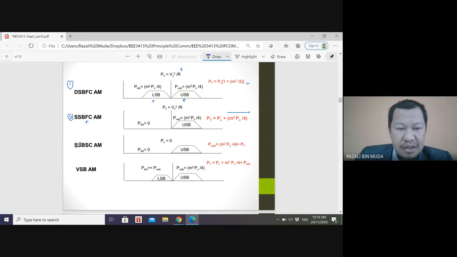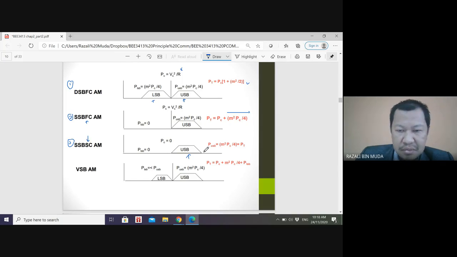So the next is SSBSC, single sideband suppressed carrier. Now you remove the carrier, so you don't have the carrier anymore. PC equals 0, and the lower sideband also equals 0. So now you have only a single sideband.